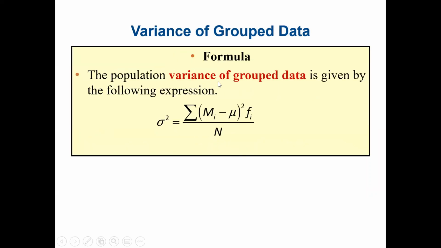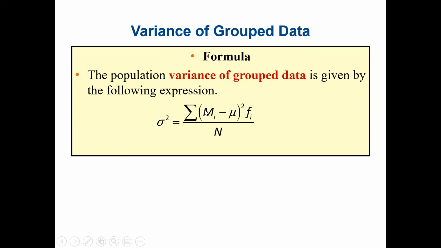Then if we want to find the variance of group data, it's the same concept. Instead of saying each individual value x1 minus the mean all squared, plus x2 minus the mean all squared, plus x3, etc., which is what we did previously, here we are finding the variance of group data.